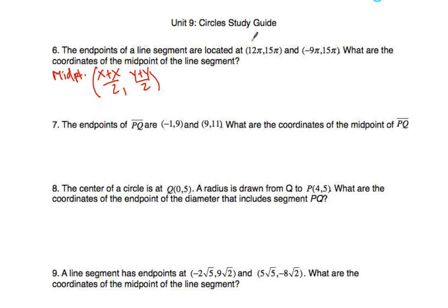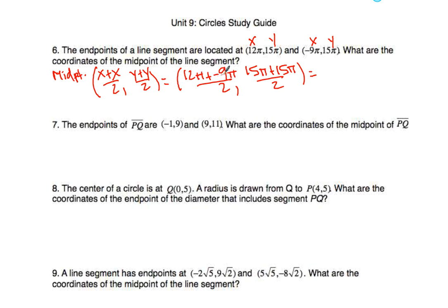Your 12 pi is going to be an x, your negative 9 pi is going to be an x, and 15 pi is a y, 15 pi is a y. So whenever you plug it in, you're going to have (12 pi plus negative 9 pi) over 2, and (15 pi plus 15 pi) over 2.